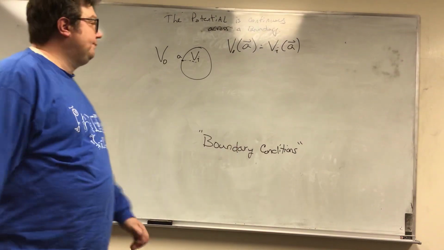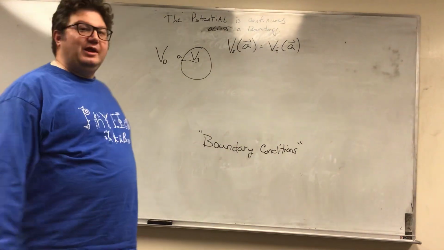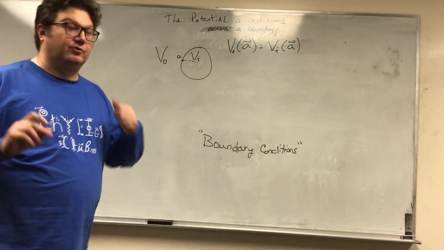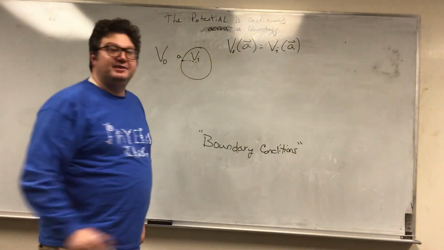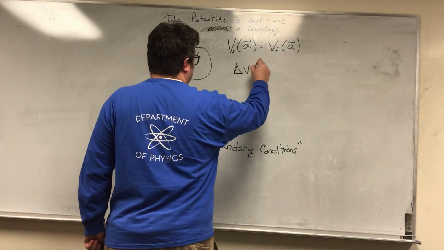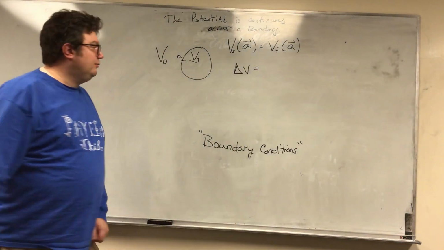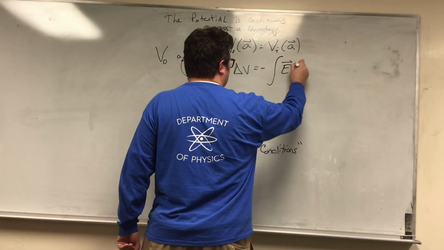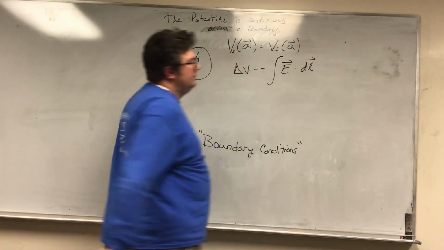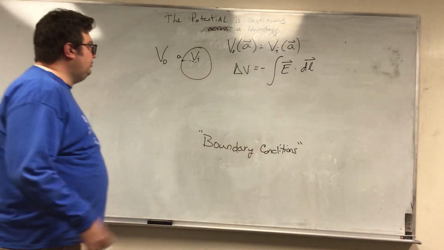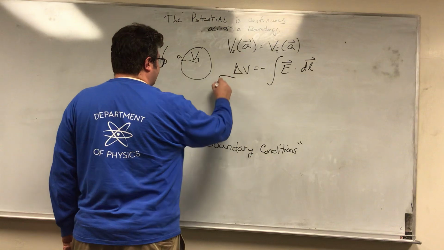So why? Well, there are a few different ways to prove this. The way that I like to prove it is to look at the integral. How is the potential defined? Well, the potential, delta V is equal to minus the integral of E dot dl. Okay? So what I'm going to do is look at 2 points.